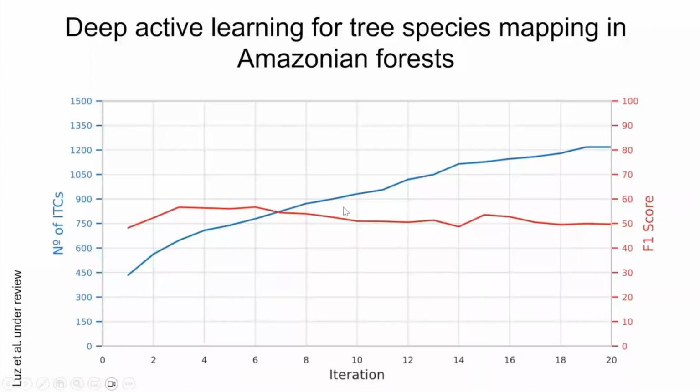And we could augment the number of individual tree crowns while we maintain a stable F1 score in the testing set. So we implemented a deep active learning method in which we could improve the number of individual tree crowns and also maintain a stable F1 score.